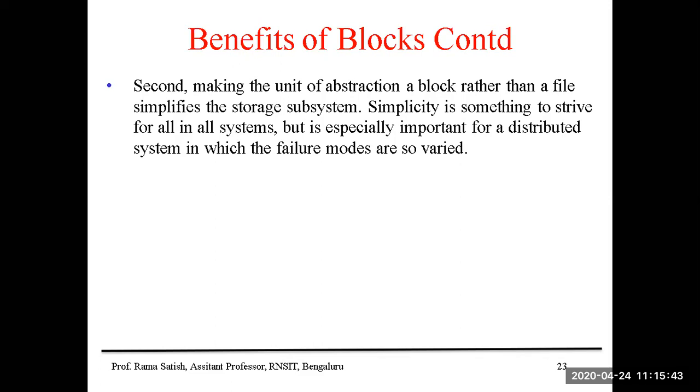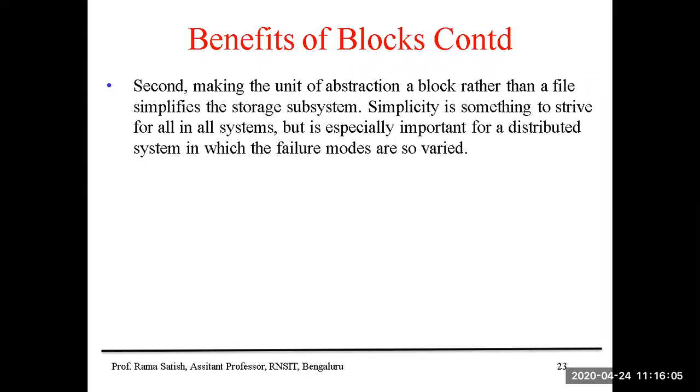So the benefit is that the storage becomes very simplified. Simplicity is something to strive for in all systems, but it is especially important for a distributed system in which failure modes are so varied.